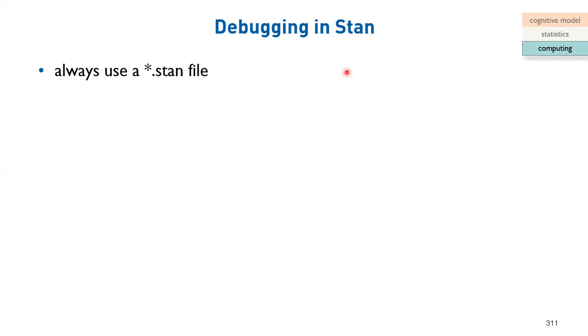Some practical advice. Debugging in Stan: if we code our own model, what are the practical tips I can give you? First of all, always write a Stan file. So we save our model as a .stan file.